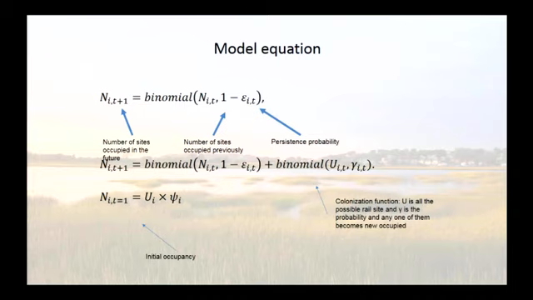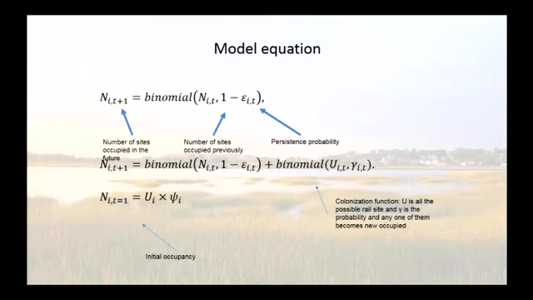So we then incorporated this colonization component, where a second portion of this equation was that the number of sites occupied in the future was that number occupied in the past that remain occupied, plus the number of sites from your total universe of sites that get colonized in a specific year.